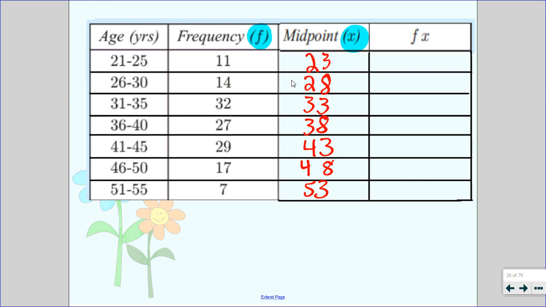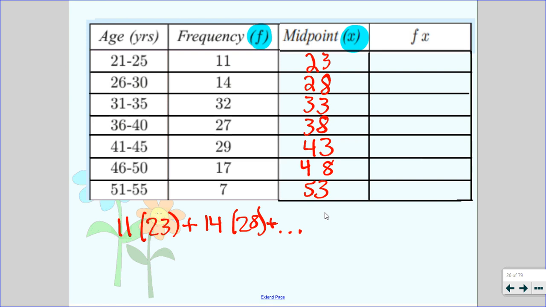To find the mean, we basically would take 11 times 23, because we have 11 people we're treating as 23, plus 14 times 28, because there's 14 people we are treating as 28. This is to calculate the mean or the average of the data, and you just keep going.